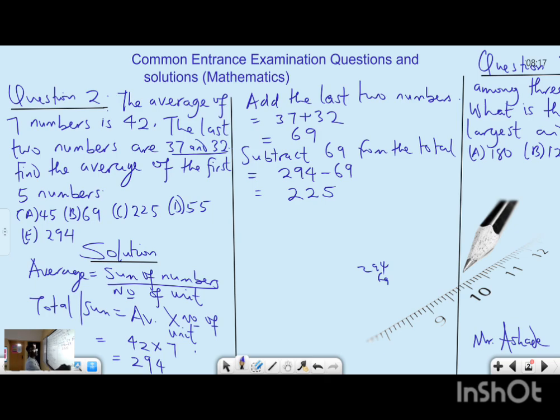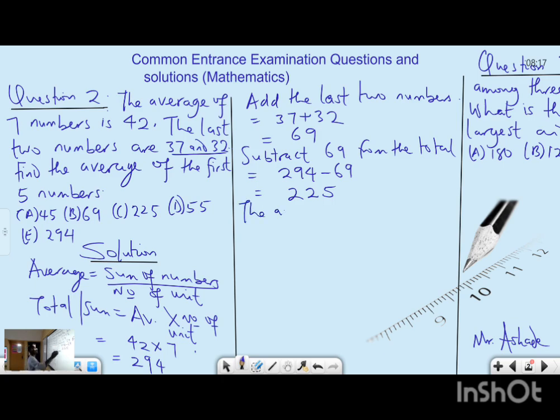294 minus 69, let me confirm. Borrow 1 from 9, that is 5. Here you have 8 left, that is 225. So the question now is, find the average of the first 5 numbers.